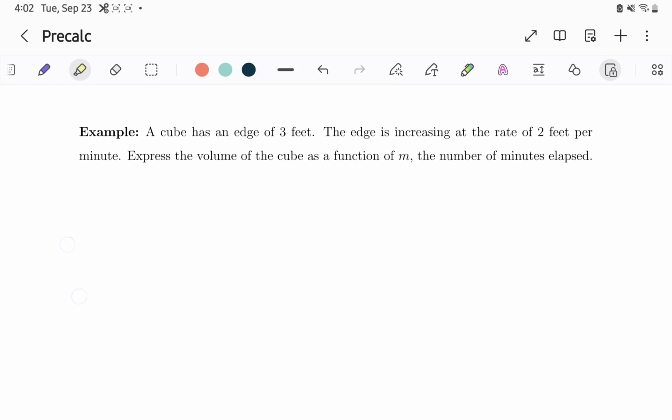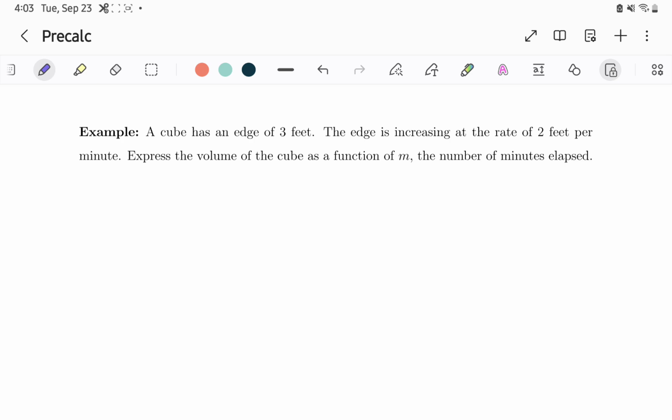All right, in our next example, we are told a cube has an edge of 3 feet. The edge is increasing at the rate of 2 feet per minute, and it wants us to express the volume of the cube as a function of m, the number of minutes elapsed.